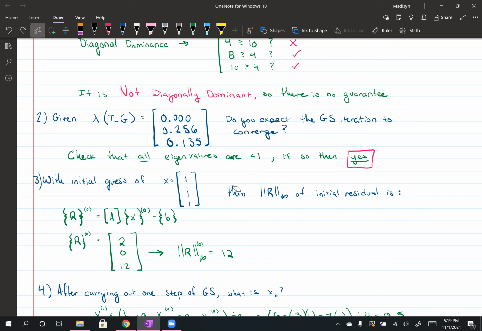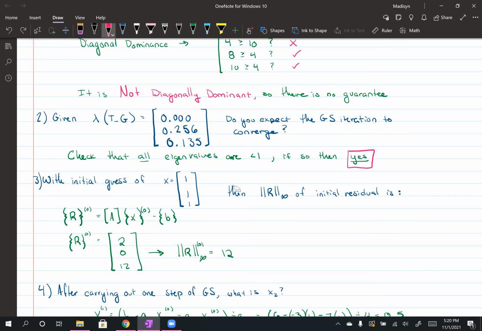And then give you this eigenvalue vector and ask, do you expect Gauss-Seidel iteration to converge with this information? So to answer that question, you have to check that all of the eigenvalues are less than 1. So this vector right here, you check to make sure each component is less than 1. If they all are, then yes. If they're not, then no. Simple as that.